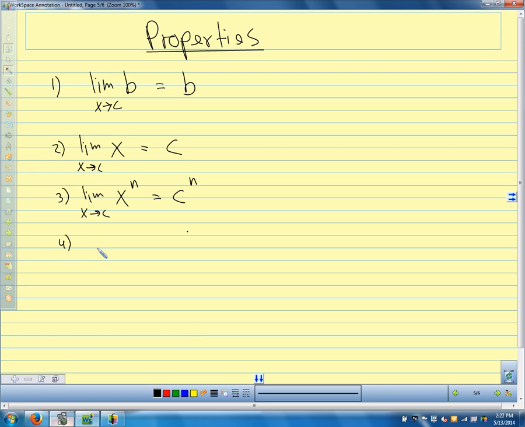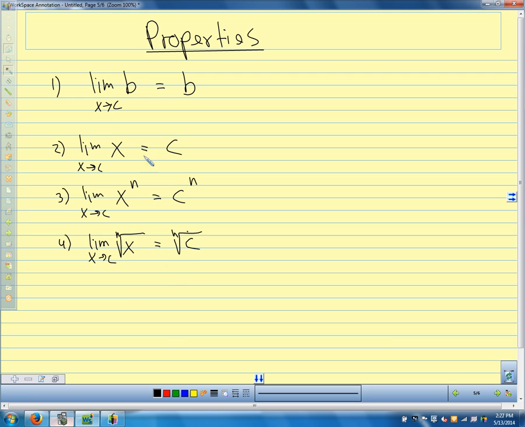And the limit of a root of n, which is just a fractional power of x, is the nth root of c. So these are our nicest functions. The constant function, the function x, and powers of x. Those are really nice functions because we can find their limits just by plugging in c for x.